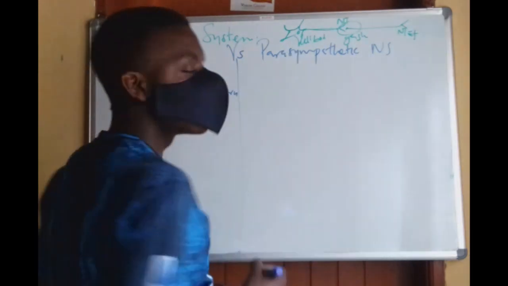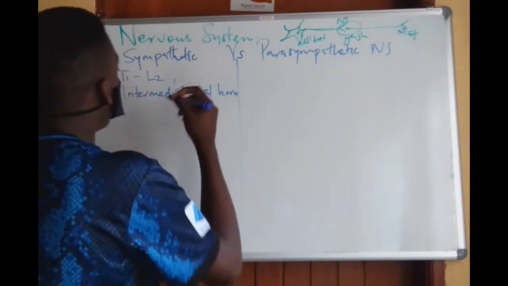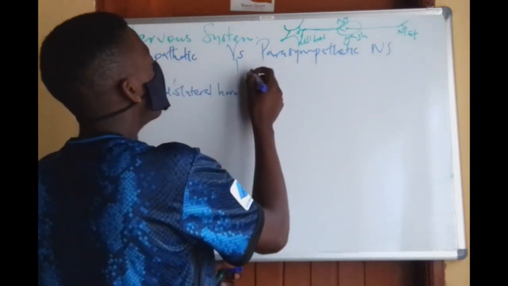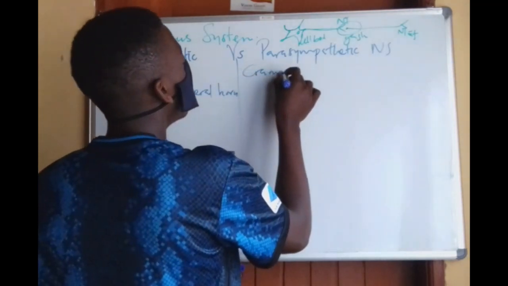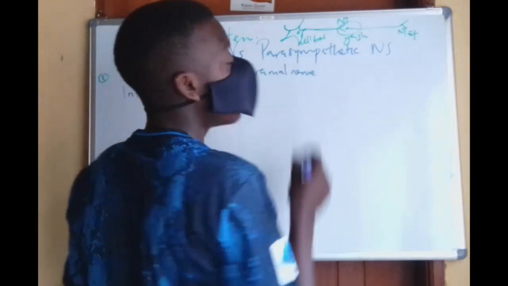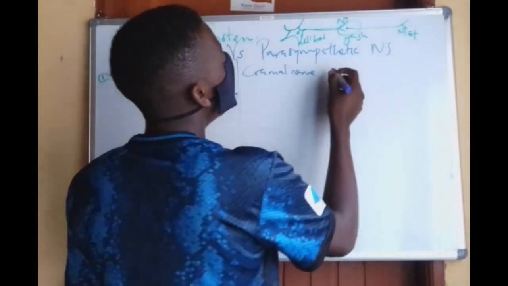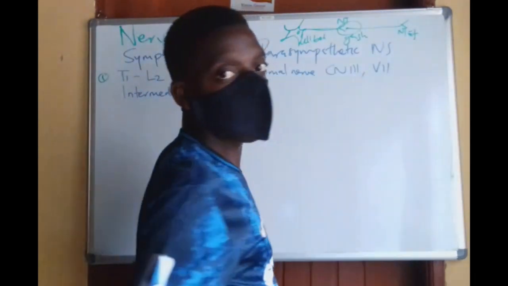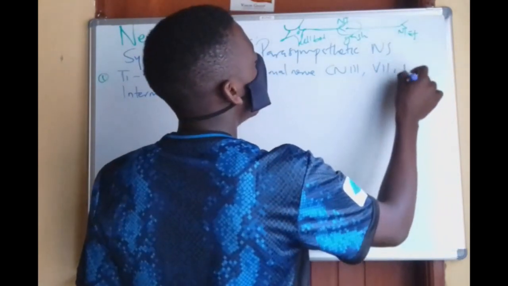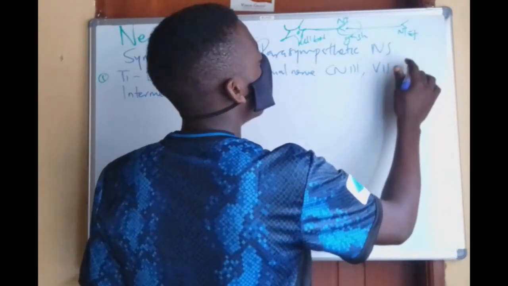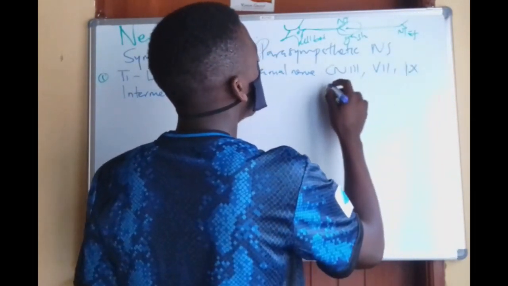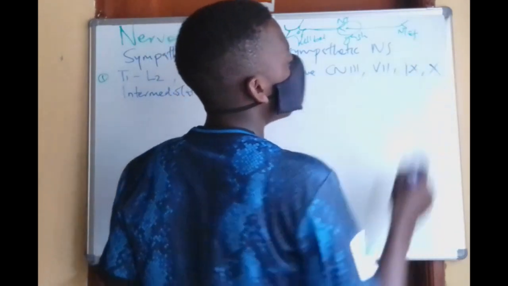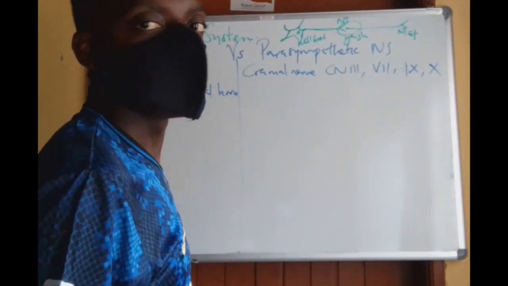Then the parasympathetic nervous system, it is located in the cranial nerve cell bodies which are found in the nuclei of cranial nerve 3, which is oculomotor, the facial nerve, that is 7, cranial nerve 9, glossopharyngeal, and cranial nerve 10, which is the vagus nerve. You get it?